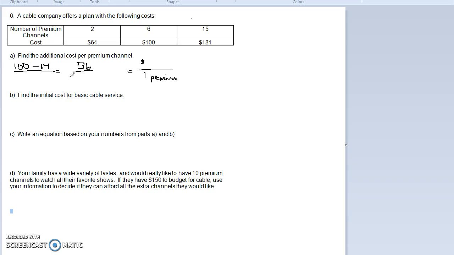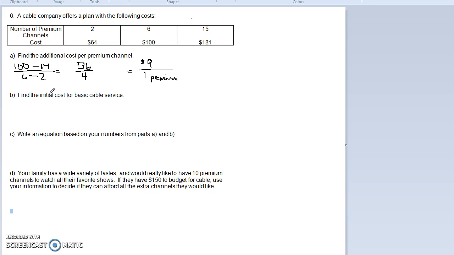Well, how many channels did that $36 get me? Well, I went to 6 channels from 2 channels. So in a change of 4 channels, I went up $36, which means if I divide this, that I'm paying $9 for each one additional premium channel.